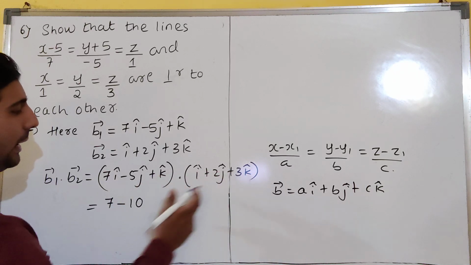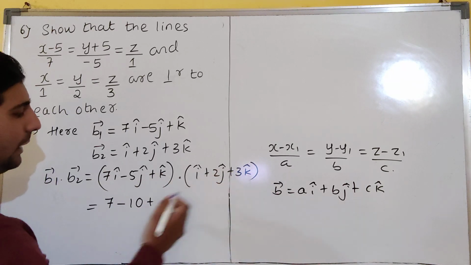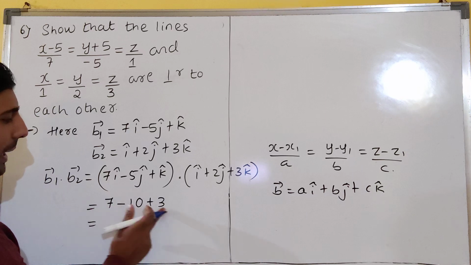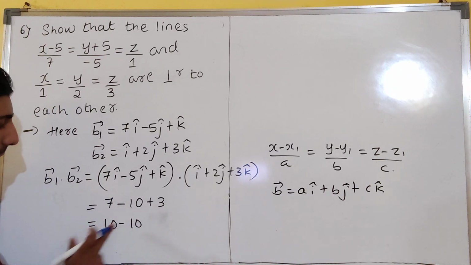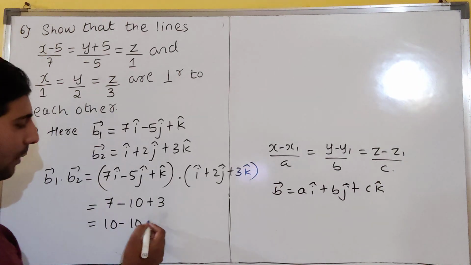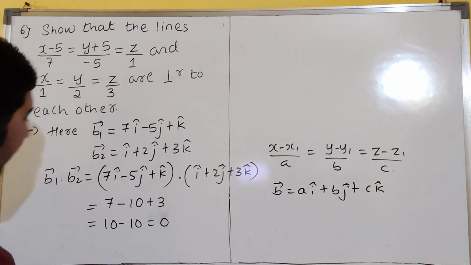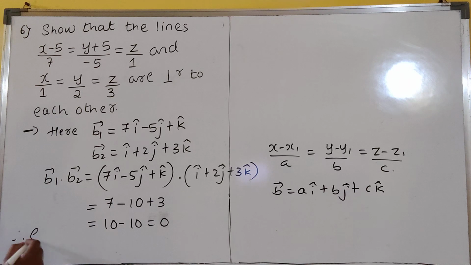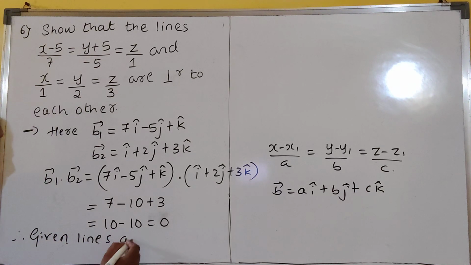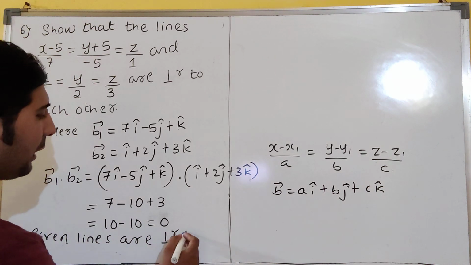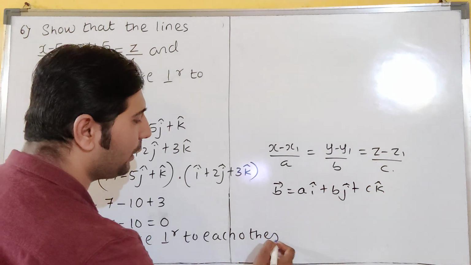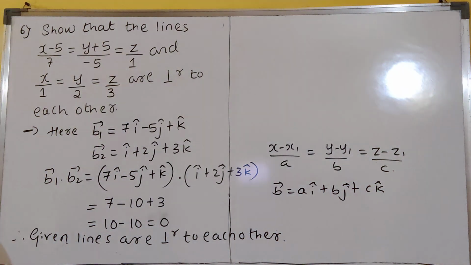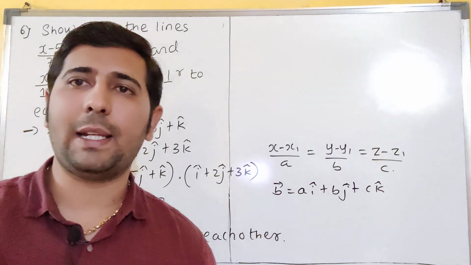Now k to k, 1 into 3 is 3. 7 plus 3 is 10, 10 minus 10 is 0. Therefore, the given lines are perpendicular to each other. When the dot product is equal to 0, the given lines are said to be perpendicular to each other.